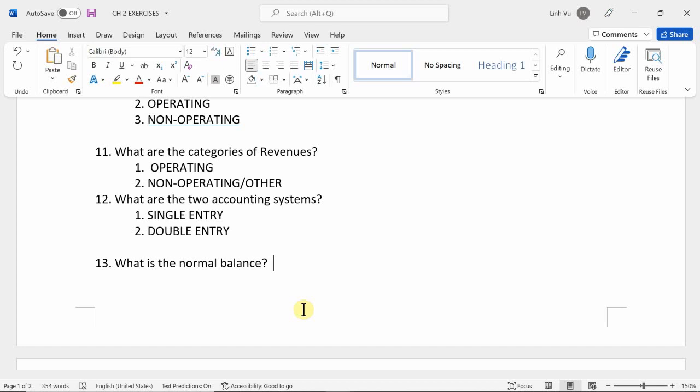What is considered a normal balance? It's the positive balance that increases in a specific account. Excellent.